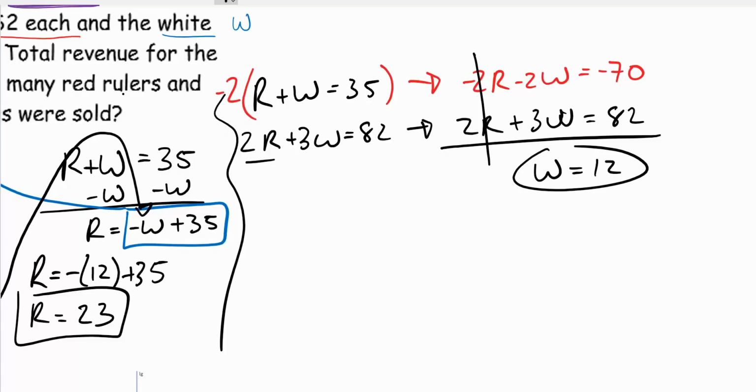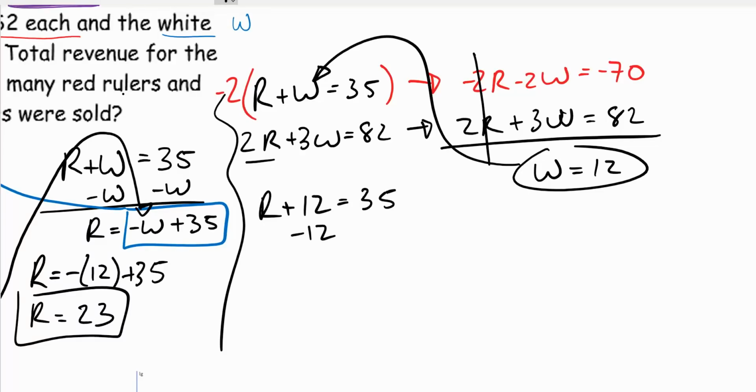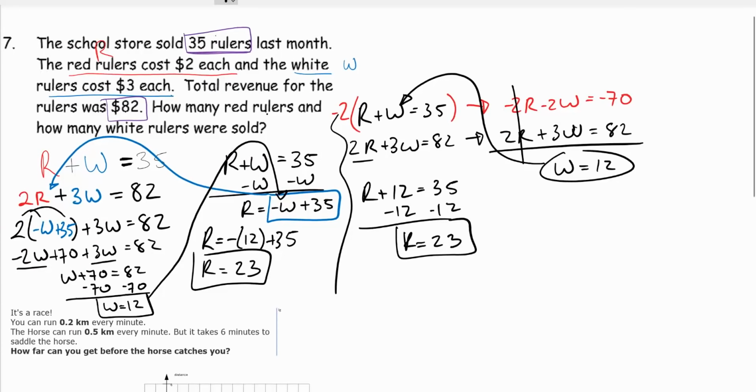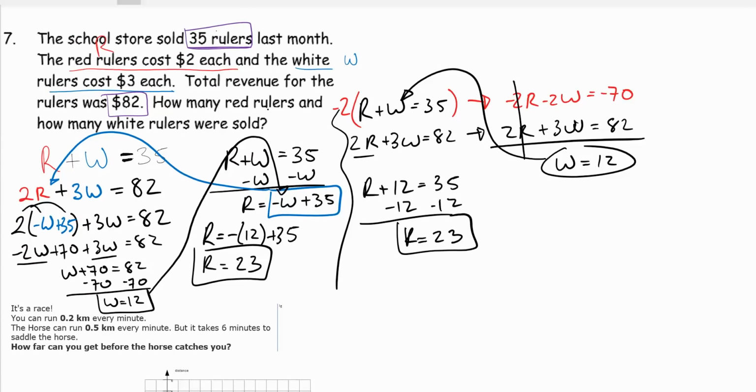And we can substitute that back into this top equation and get R plus 12 equals 35. Subtract 12, and we get R equals 23. So that's 23 reds and 12 whites. And we can see that both methods will give us the same answer.